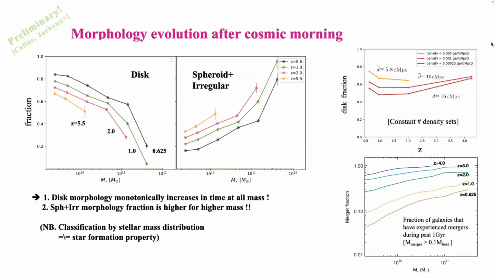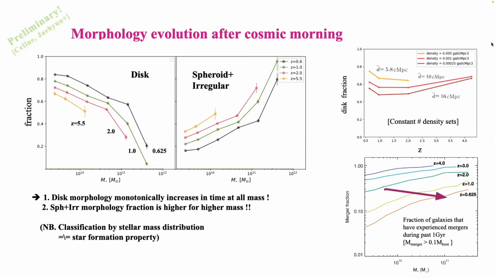So, for example, at this epoch, let's compare these two epochs. The galaxies which belong to this mass bin move to the other bin in the later epoch, and here the galaxies belonging to this bin were actually in this bin before. So they are moving to the right as they increase their mass.